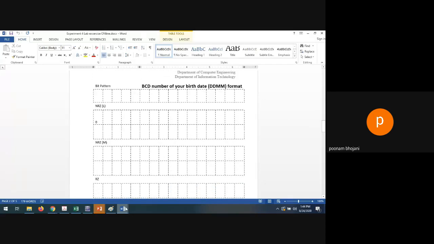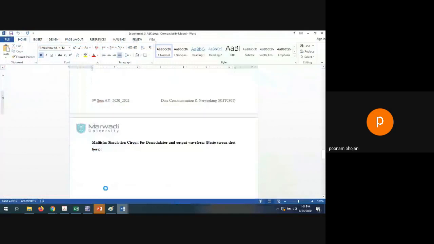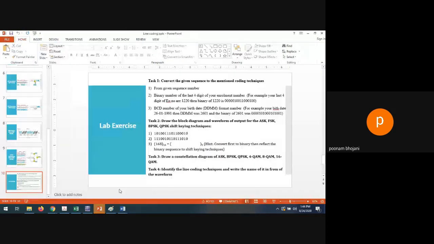The third part of task 1 is the BCD number of your birth date. For example, your birth date is 26/1/1991. Take it in the format DDMM, so date and month only: 2601.